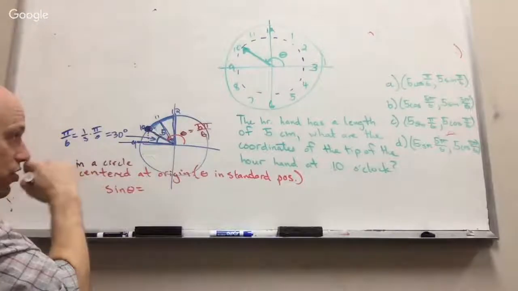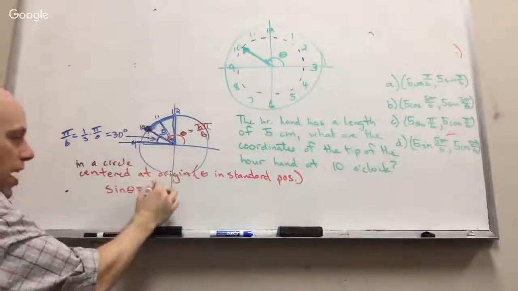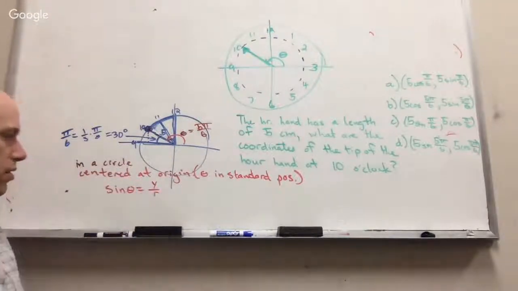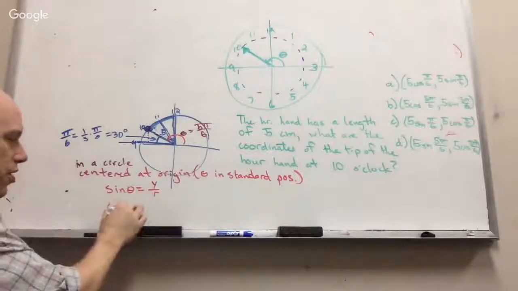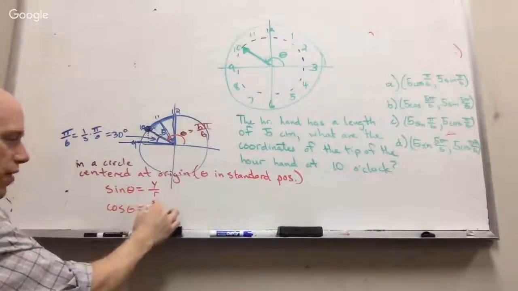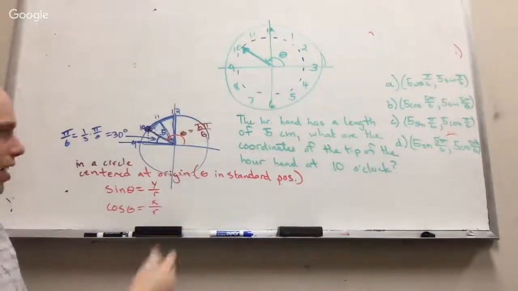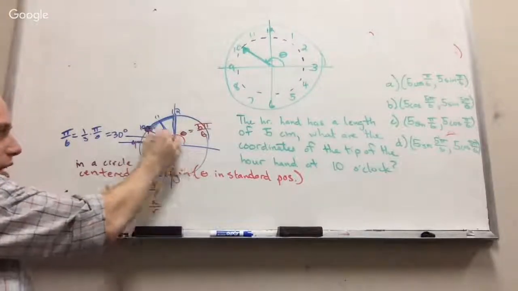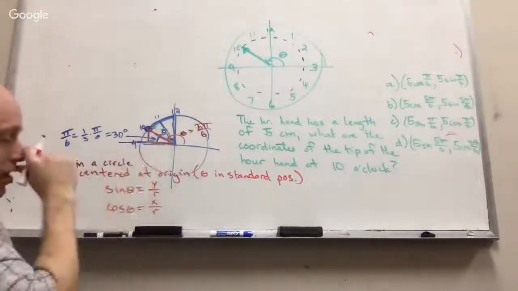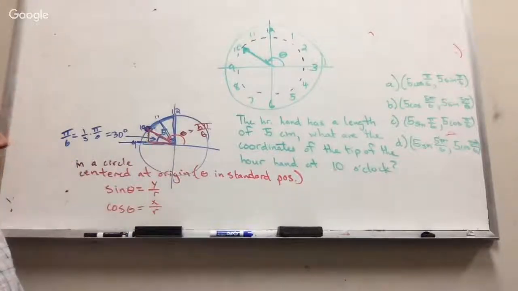Sine of theta is just going to be the y value of the point divided by the radius. Cosine is going to be the x value of the point divided by the radius. Right? This comes from the way we can define these functions, but it's really related to what we did with right triangles.